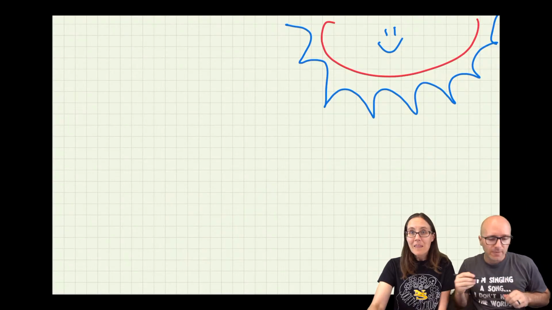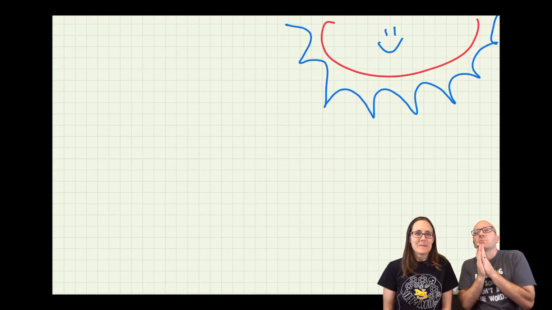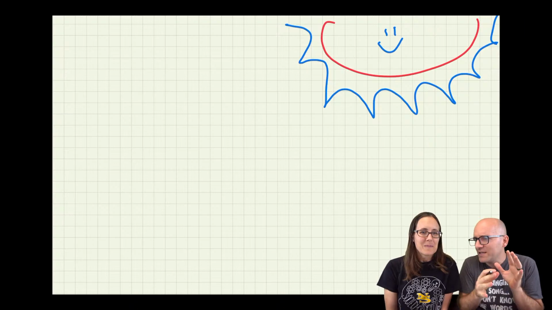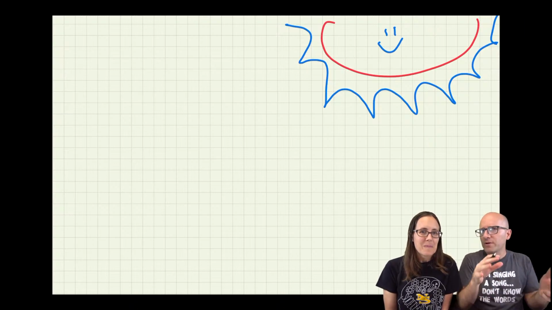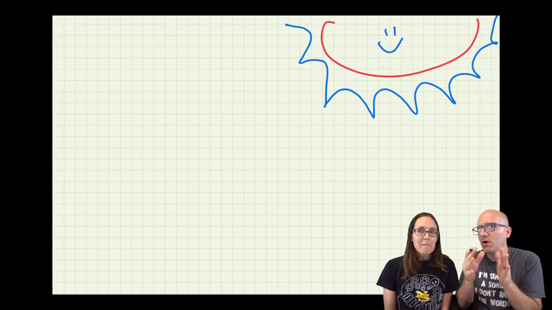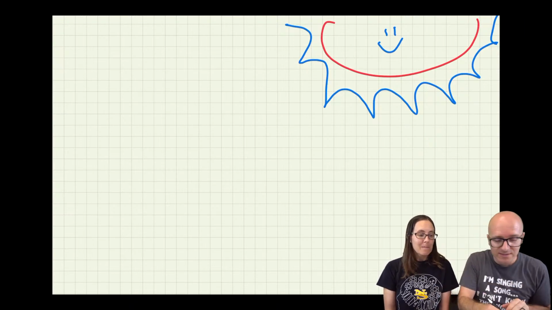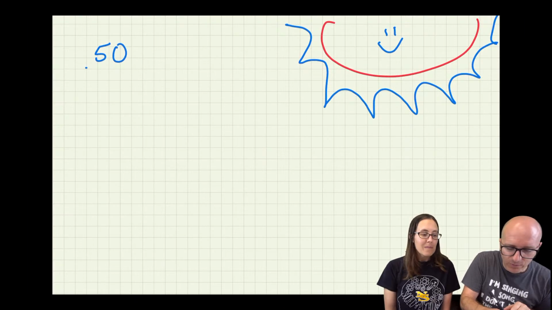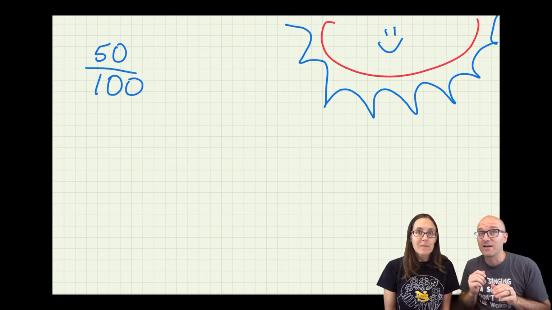So, Science Mom, when you hear the word 50/100ths, and I know it took a moment to figure it out, I just want to remind us, 50/100ths is exactly the way that we would read that fraction.